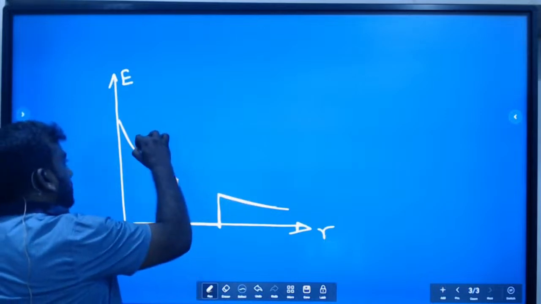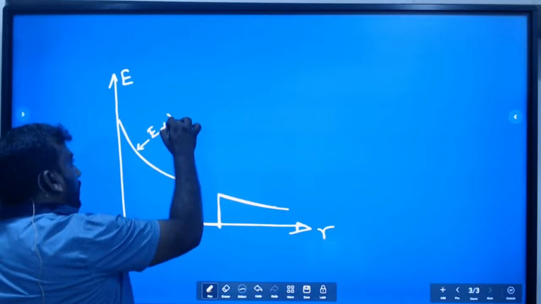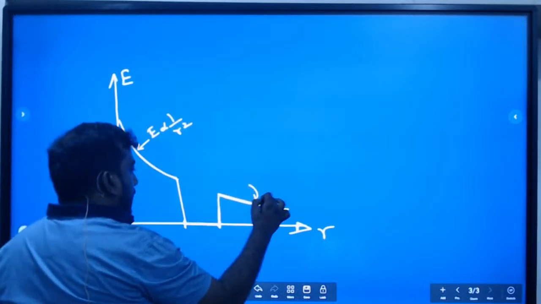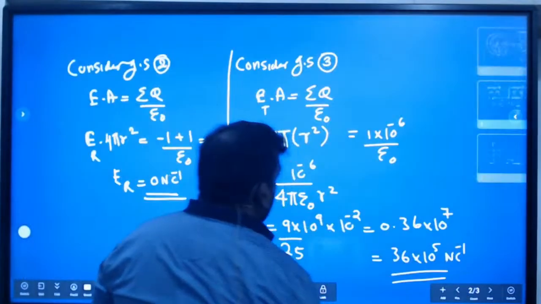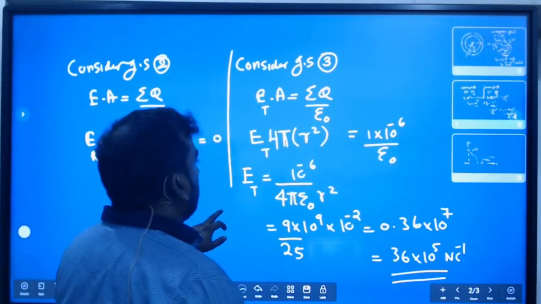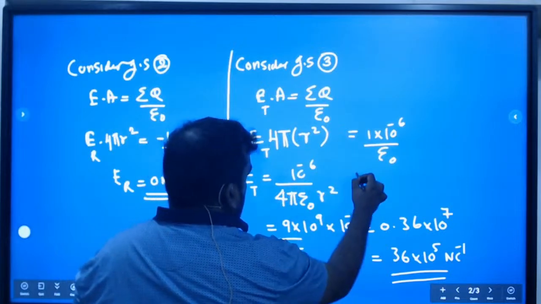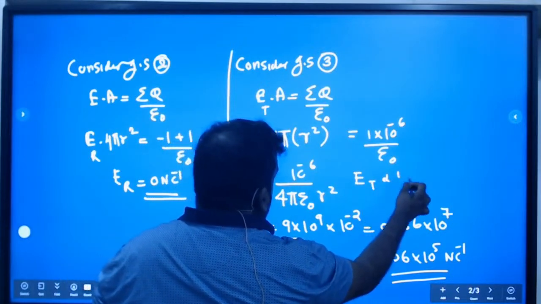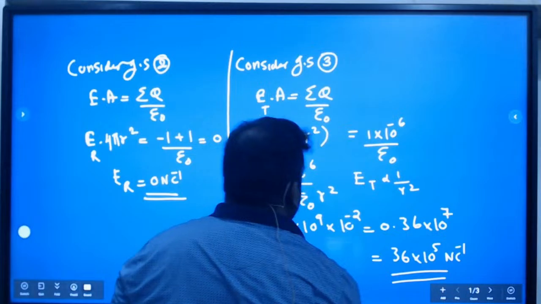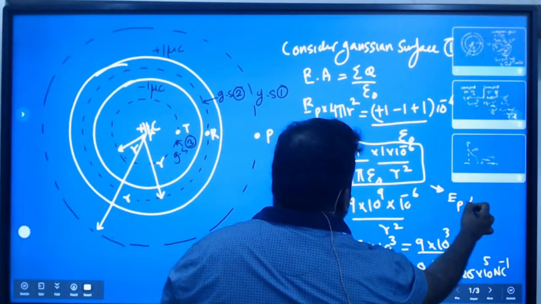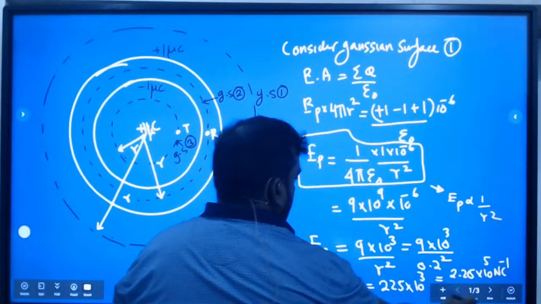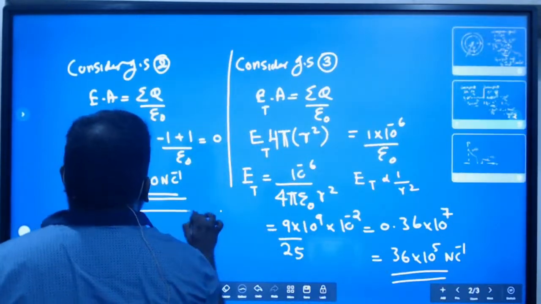So here also E is proportional to 1 over R squared. Here also E is proportional to 1 over R squared. I have shown you here. Here also E is proportional to 1 over R squared. In between only 0.